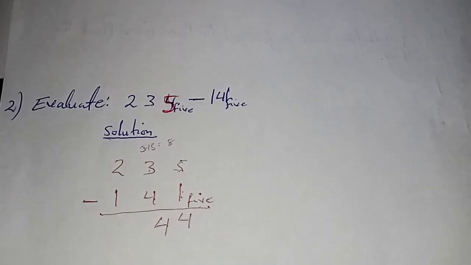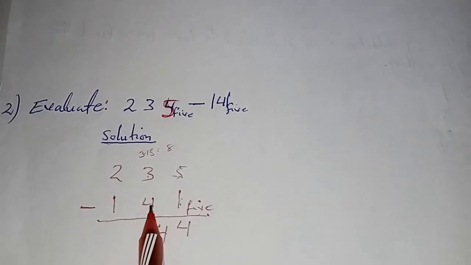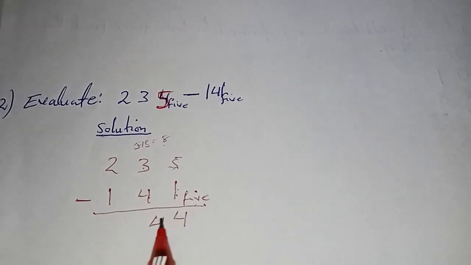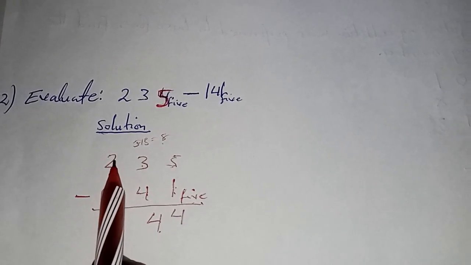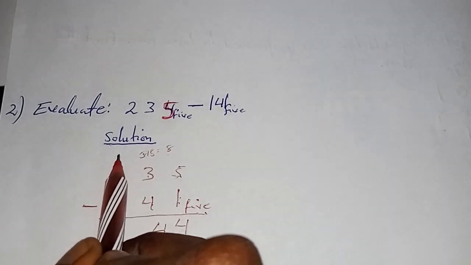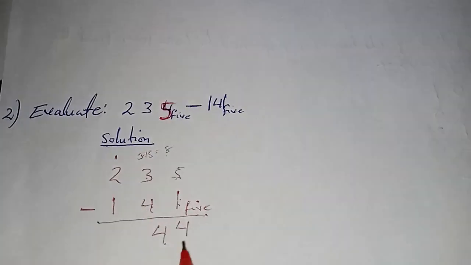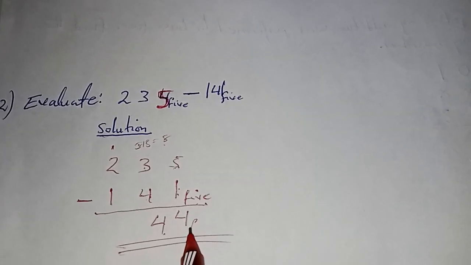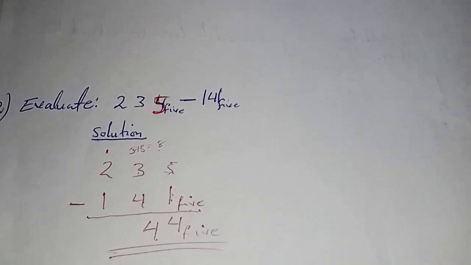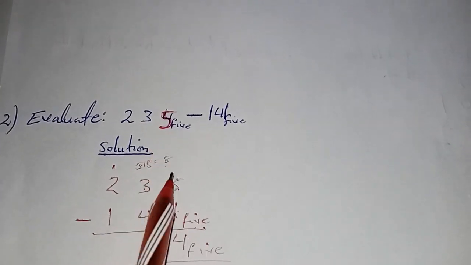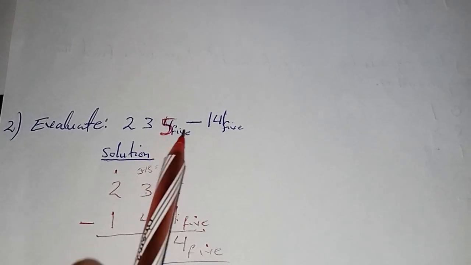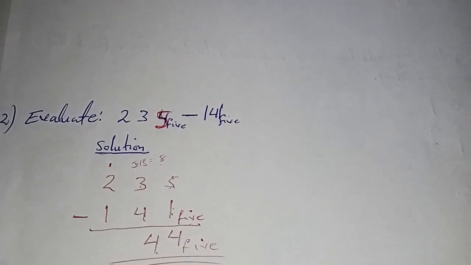So we'll subtract 4 from this 8, we get 4. Now we are left with 1 here. So 1 minus 1 is 0. So our answer for this will just be 44 base 5. The only thing that we did, instead of putting 4, we put 5. So definitely we'll use 5, and when we use 5, we solve this problem.